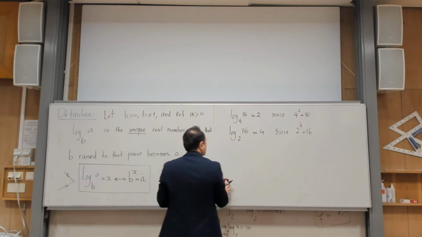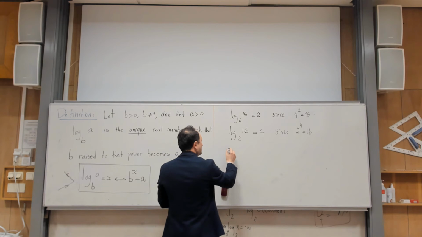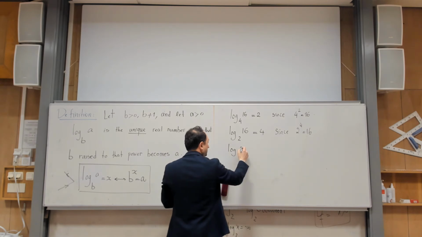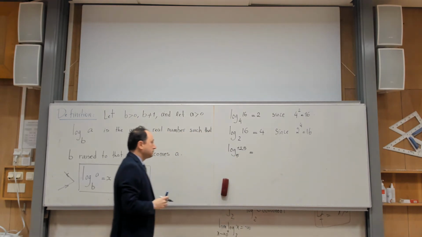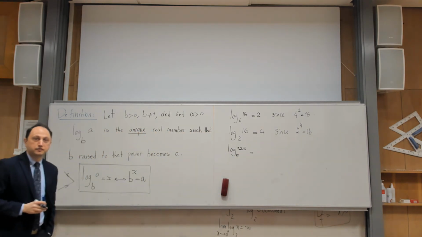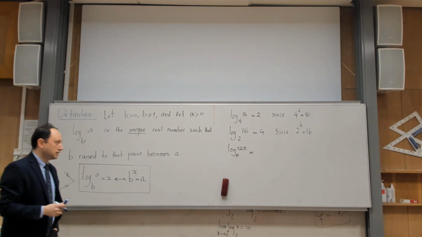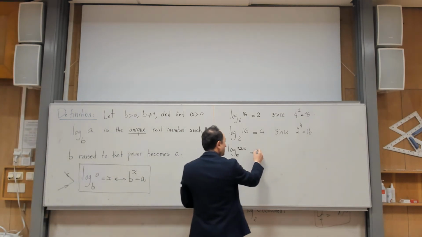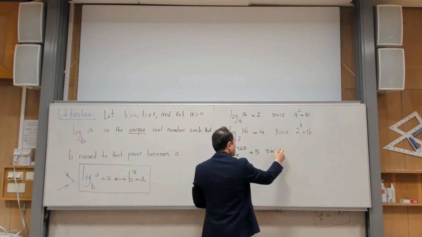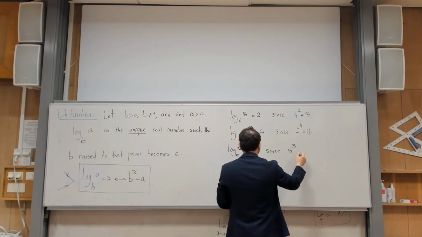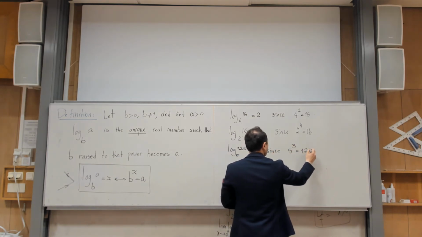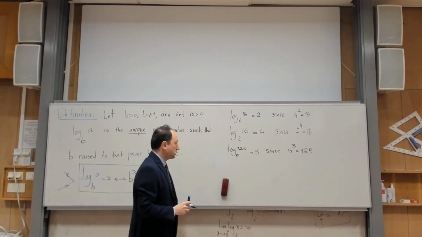Let me ask you this question: logarithm of 125, I don't know if you can calculate it in your head, logarithm of 125 in base 5. Yes, that's 3, as you said. Why? Because 5 to the power of 3 is 125. Yes?